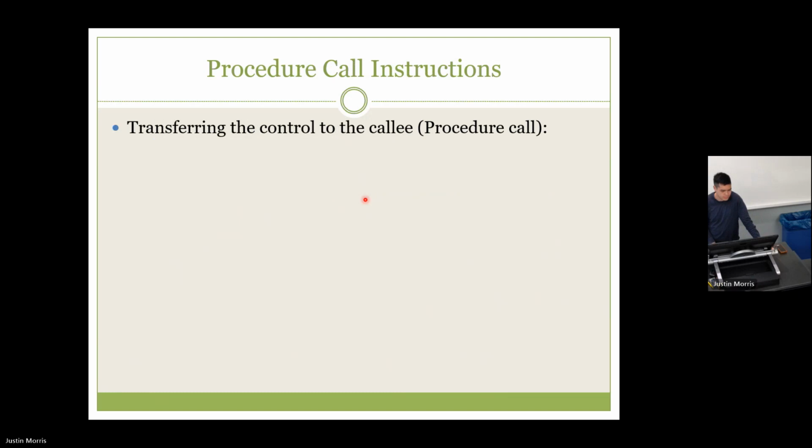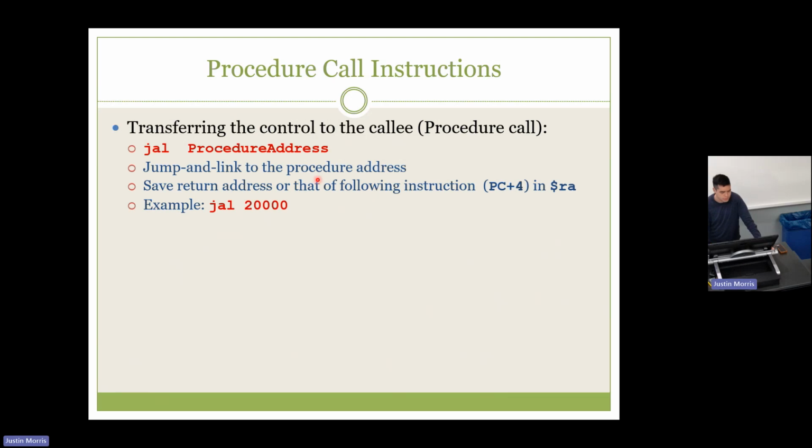All right. So to transfer control to the callee, we use this instruction jump and link. And the jump and link does 2 things. It saves our return address, which is PC plus 4, into the return register. So we know where to go to when we finish the instruction. And we also jump to the address of the procedure.